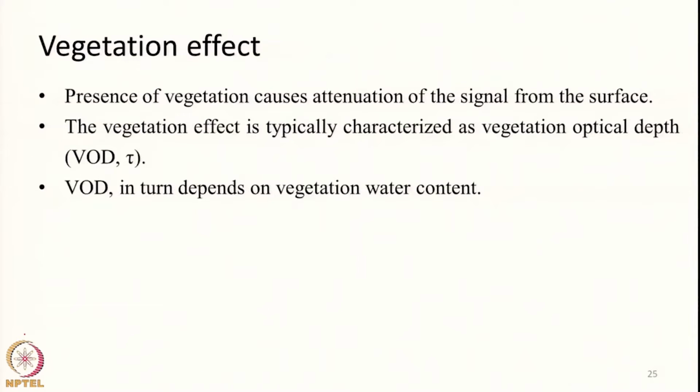How vegetation influences, we have already seen. The presence of vegetation above the soil will attenuate the signals from the soil. Whenever a microwave radiometer sees a land surface containing vegetation and soil together, the microwave emission from the surface is attenuated as it passes through the canopy.